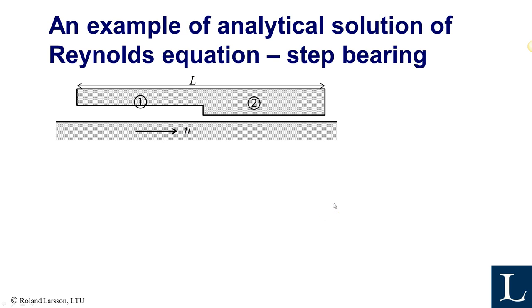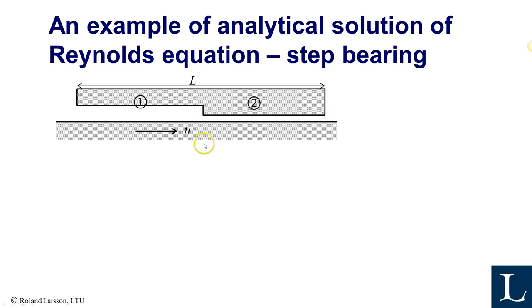So here is a short example of how you can use this Reynolds equation to solve for the conditions in a bearing. We use a very simple bearing geometry, a step bearing. That means that the film thickness is constant here, then there is a step, and then it's constant again.